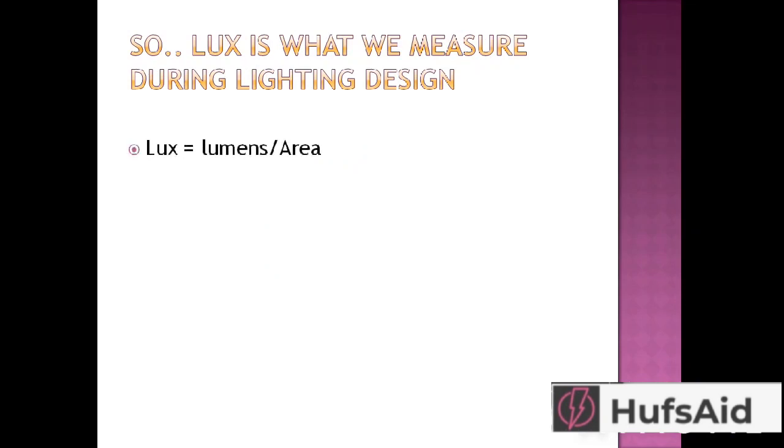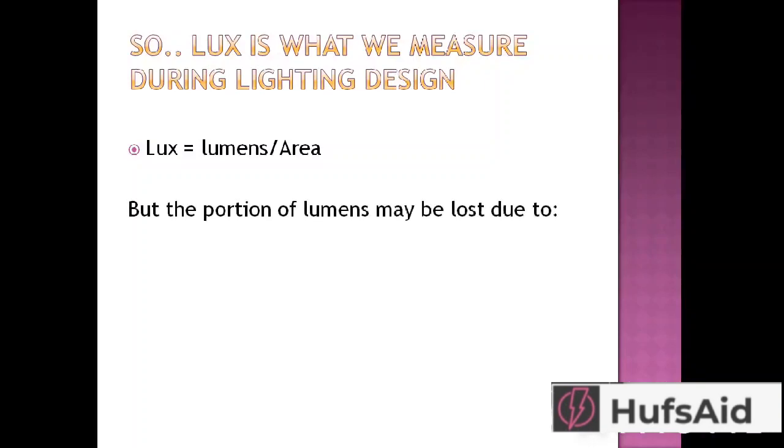It is not necessary that the lumens emitted from the light source are the lumens that I am getting. Most of them, or sometimes a portion of them, are lost. The reason for this loss may be the reflectance of the working surface or the surfaces of the room. Say if you have a lightly colored room, then fewer lumens would be lost, because they would be reflected back to the eyes.